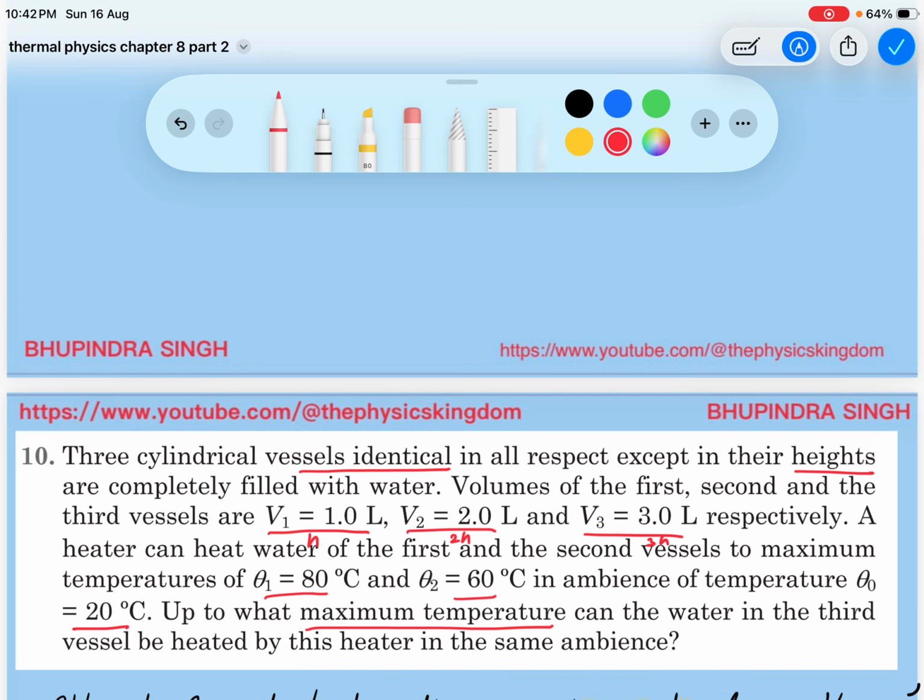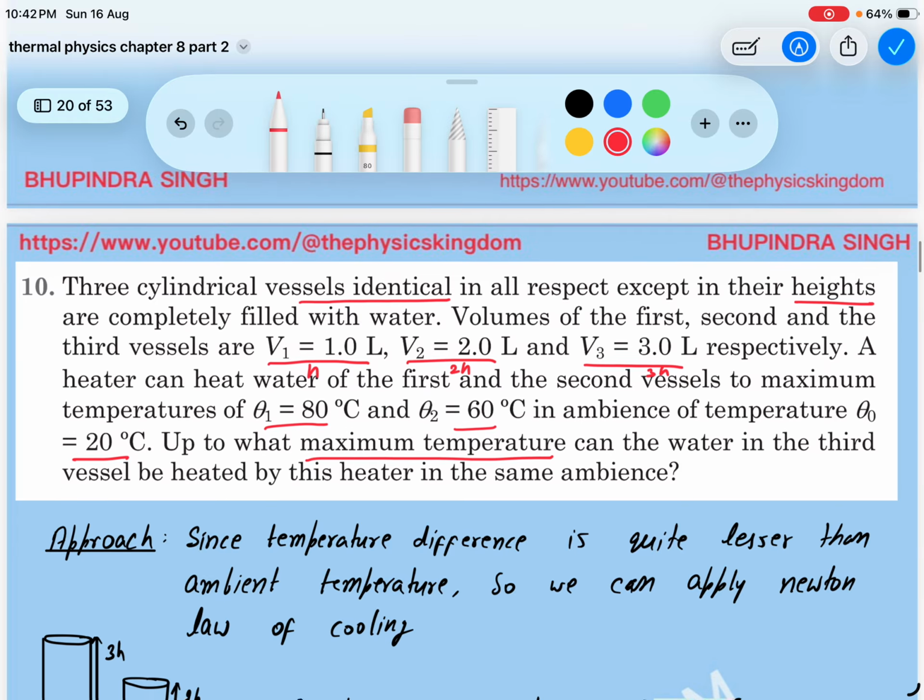So the more the temperature, the more will be the losses. So a point will come when power given, means heat given per second, is just equal to heat loss, right? After that moment there cannot be any increase in temperature. So temperature is a maximum when power supplied is just equal to heat loss from the container, right?